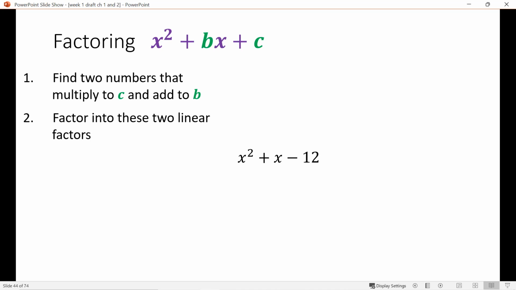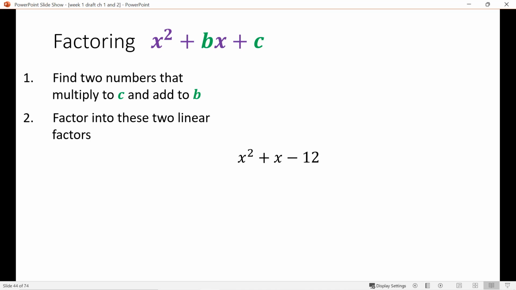The coefficient on our x squared term factors to two linear factors. And all we need to do to figure out what those factors are is to kind of reverse what would happen if we had a binomial times another binomial. How would we get this? Basically, we need to find two numbers that multiply to our constant term and add to the coefficient on our x term. And then we can just write these as our linear factors.